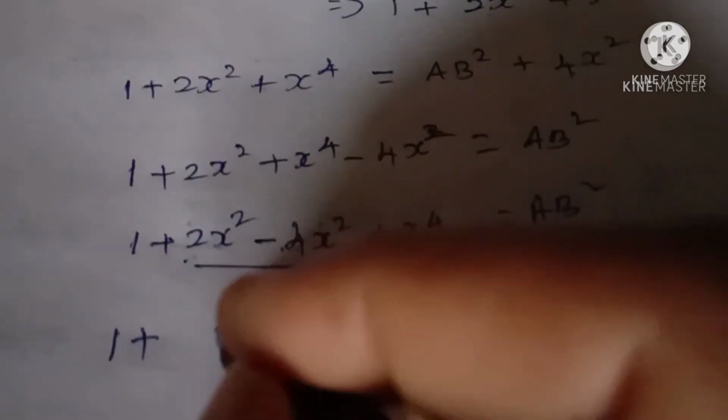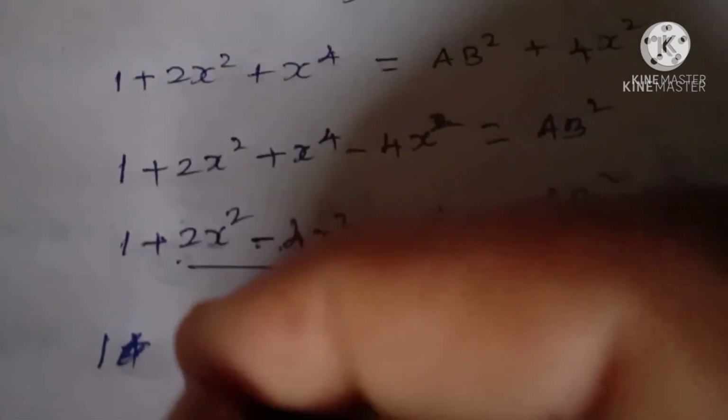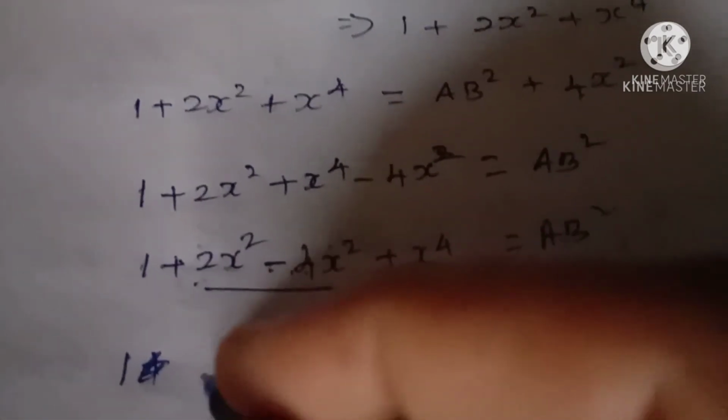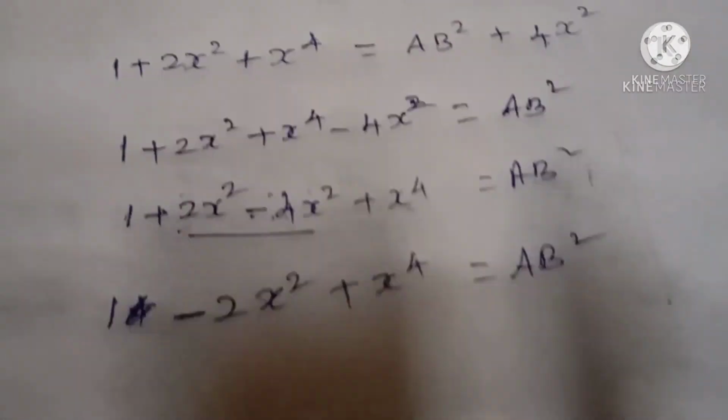If plus and minus, you have to minus it. 4 minus 2 is 2, and the greater number's sign is minus. So minus 2x power 2 plus x power 4 is equal to AB square.